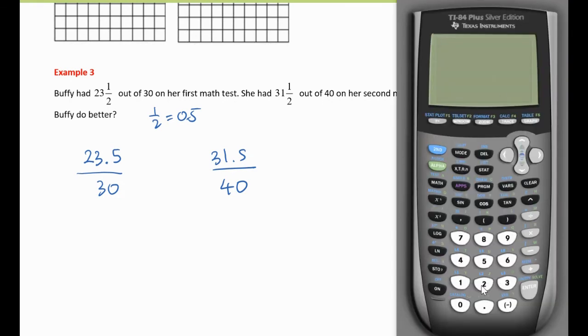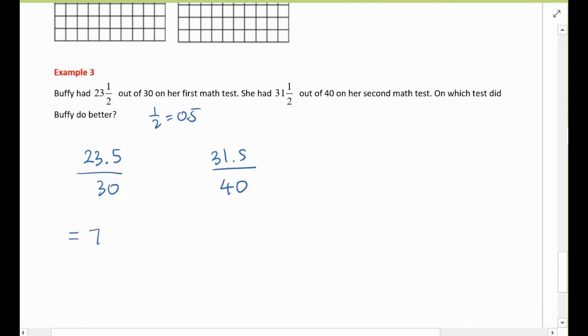Alright, let's do it using a calculator. 23.5 out of 30. So that's 0.783 repeating. 31.5 out of 40. That is 0.7875. Then let's write it down. If you move two decimal places, 0.783 repeating becomes 78.3 repeating percent, right?